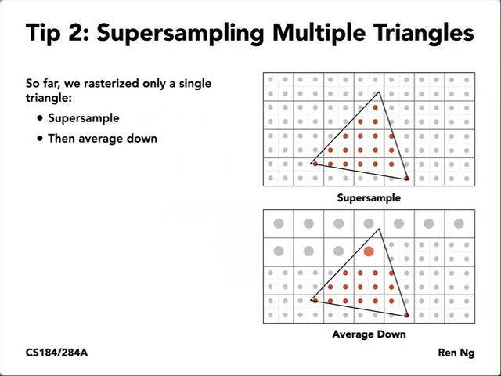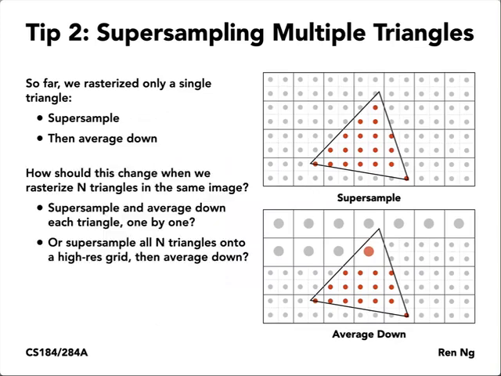Tip number two has to do with what is the right approach when you have multiple triangles that you're rasterizing. How do you super sample a scene that has a whole collection of triangles in it, a mesh of some kind? I guess there's a couple of choices to consider.